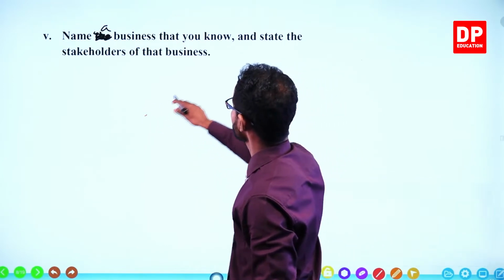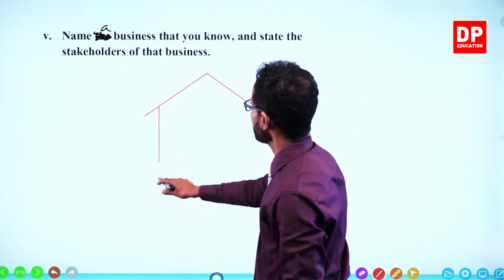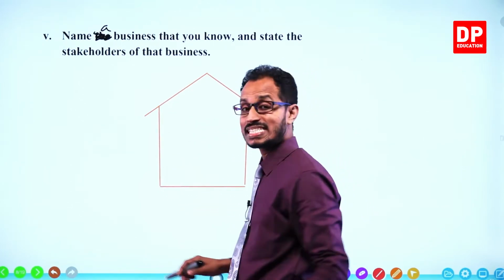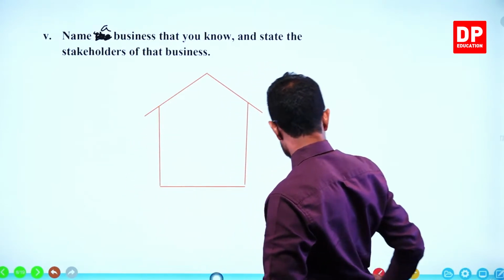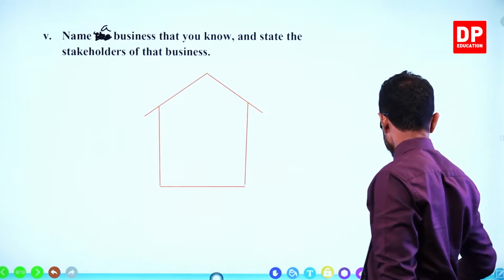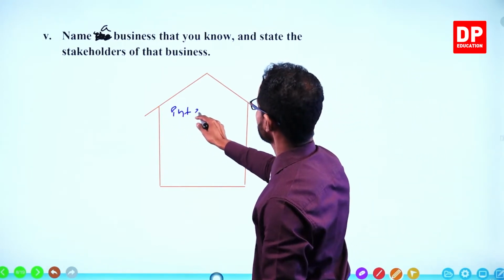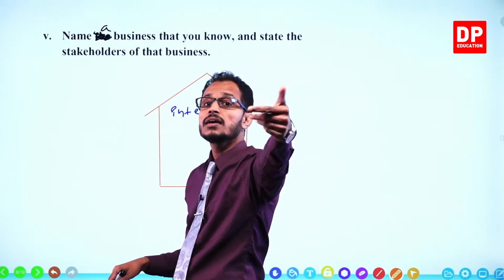Yeah, it's like we have internal stakeholders and we have external stakeholders. You don't have to mention internal and external separately, but it's better if you can mention. I'm just going to write internal. And you can mention the internal stakeholders, right? Yeah, 3.